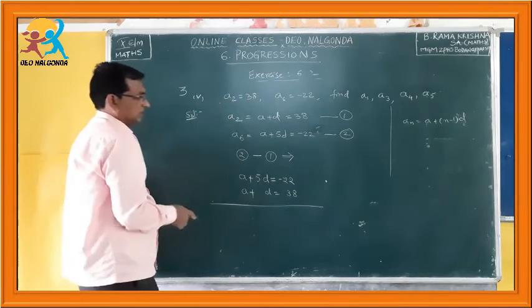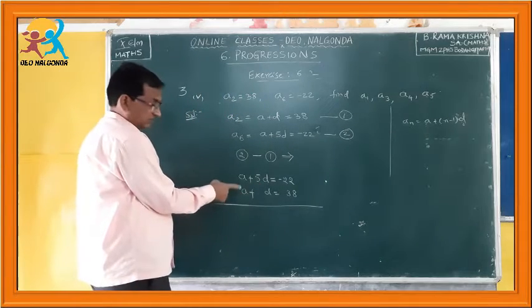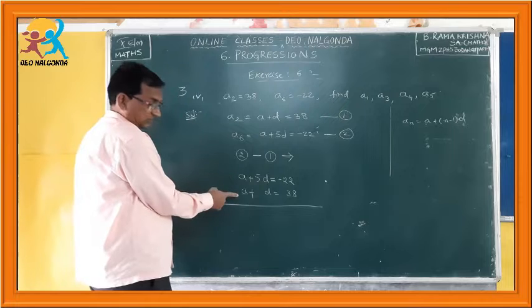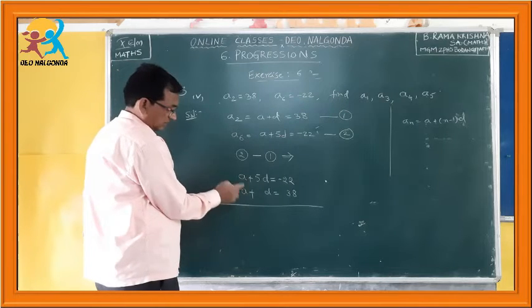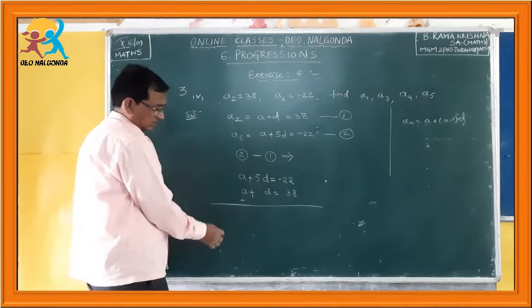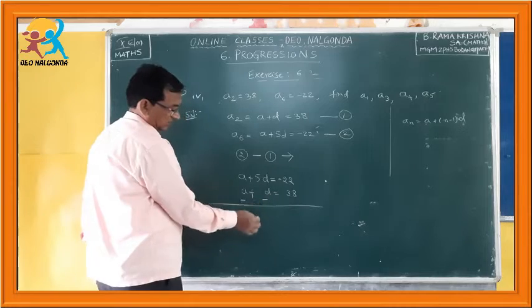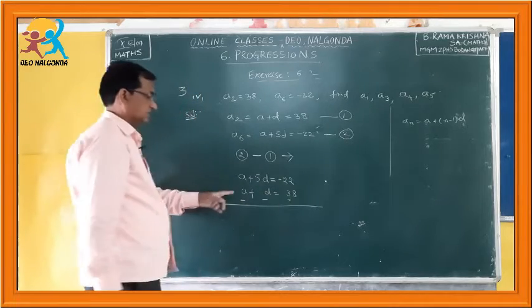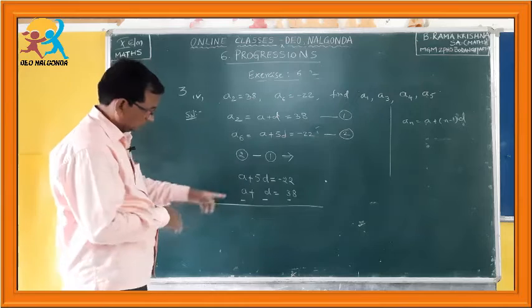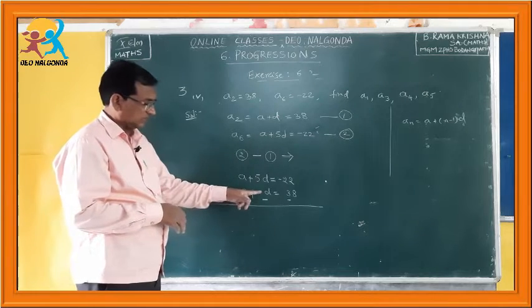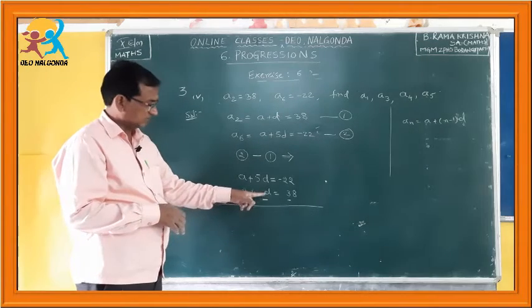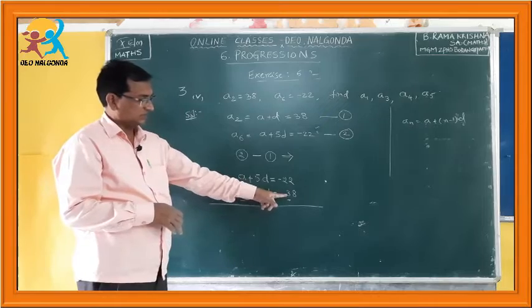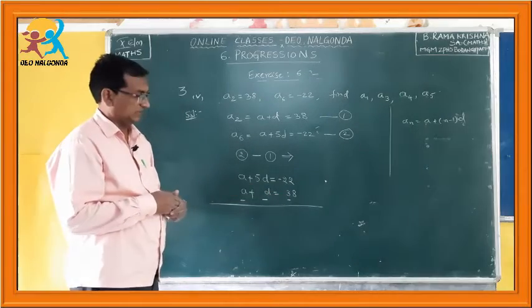Now, you have to subtract this second equation. For subtracting, you have to change the sign of the variables of the second equation. So, this a becomes minus a, the sign of d became minus d, the sign of 38 became minus.